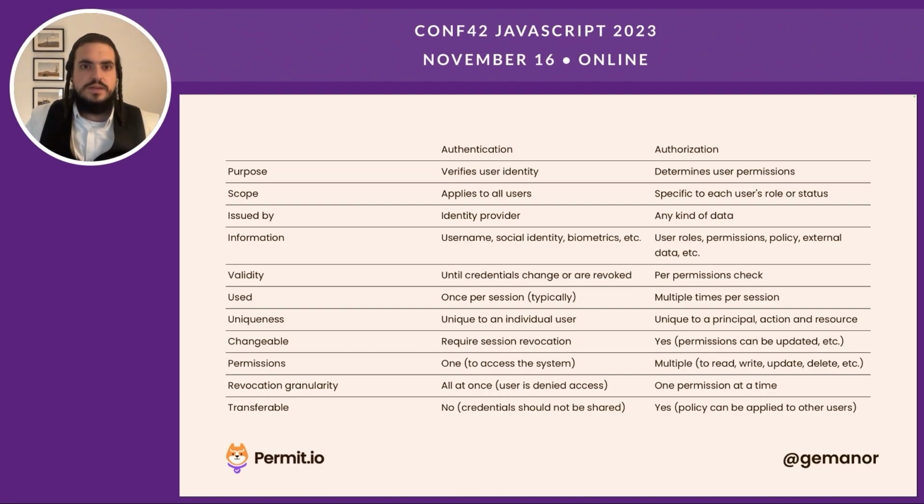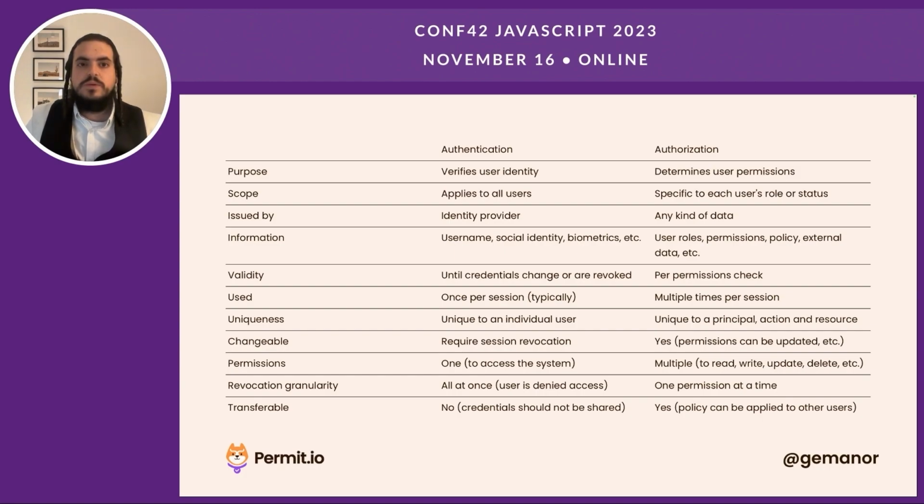It is something that happens again and again, and requires a permission model, right? We need to understand what a user can or cannot do. It involves much more data than an authentication session includes. It's not something to revoke, because it's valid only for the one time that we are checking for permissions.